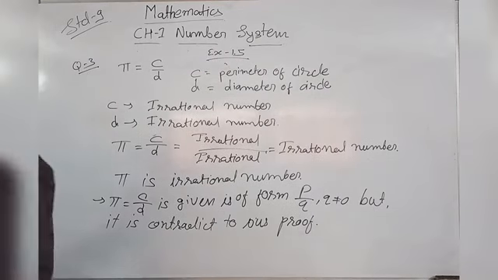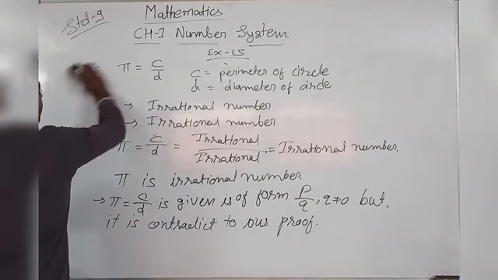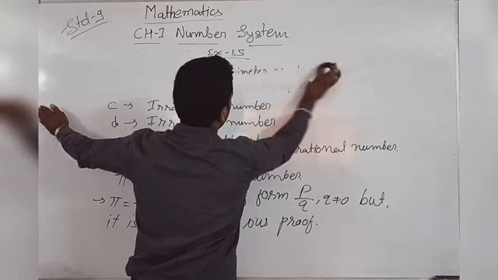Question number 3 is written here. Then after that, question number 4, that is root 9.3. How can we find root 9.3 on a number line?